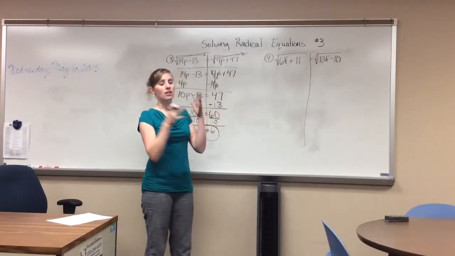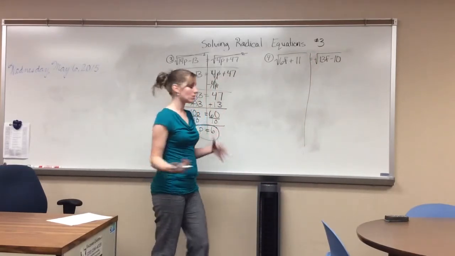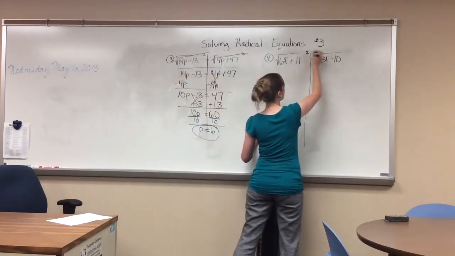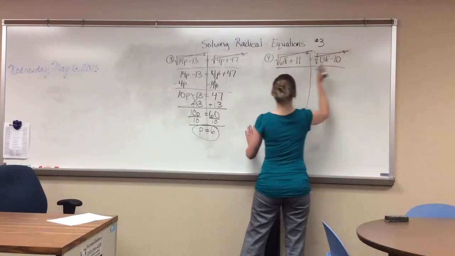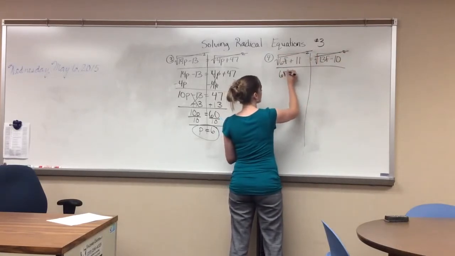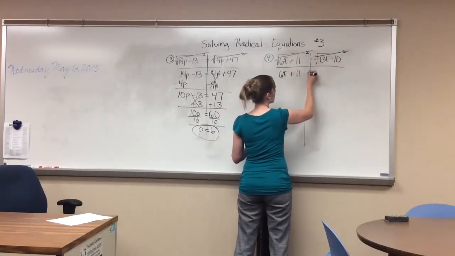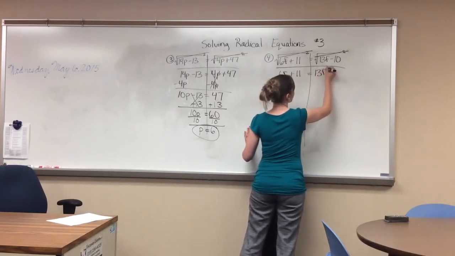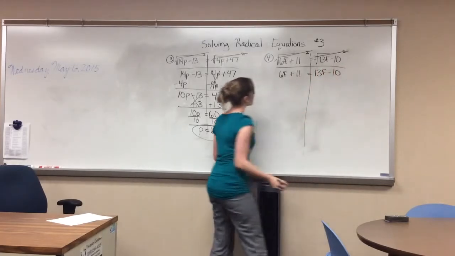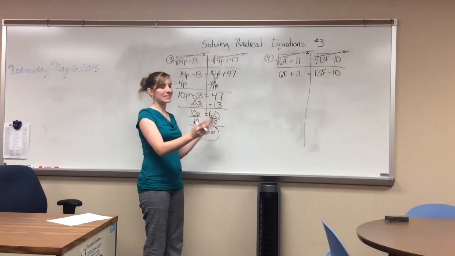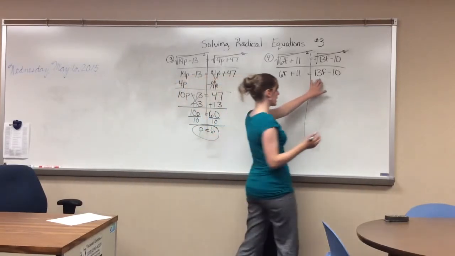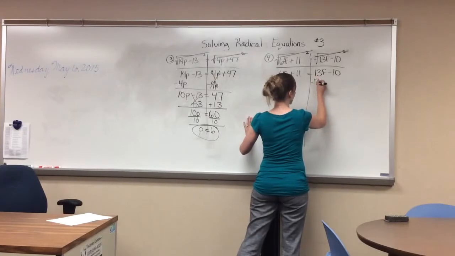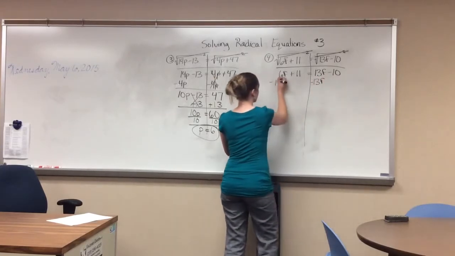We realize that there's nothing outside of the square roots, so to cancel them, I'm going to square both sides. My squares and square roots cancel. I get 6f plus 11 equals 13f minus 10. I need to get my variables together. To do that, I need to cancel out the 13f, so I'm going to subtract 13f from both sides.